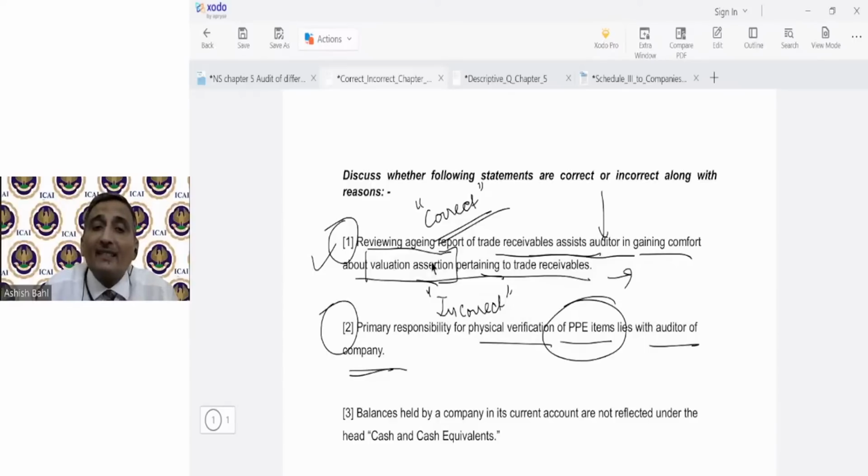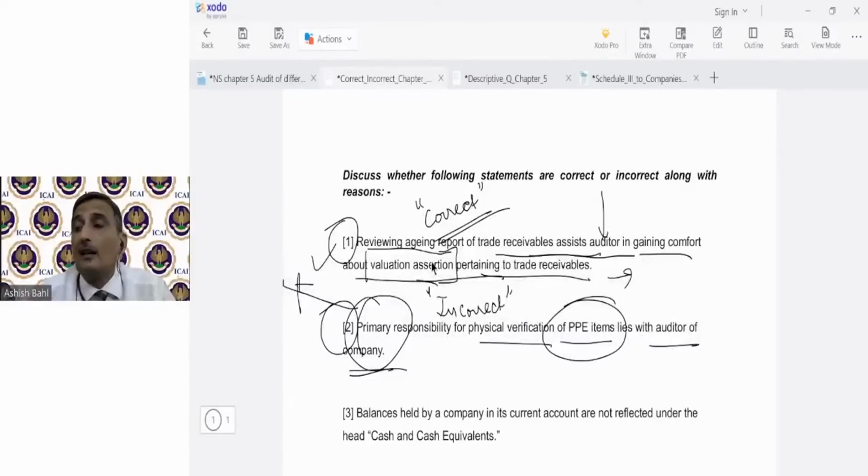The question is asking about primary responsibility. Primary, what is the meaning of primary? In Hindi, it is शुरुआती, आरंभिक, मेन, कि पहले किसकी रिस्पॉन्सिबिलिटी है.